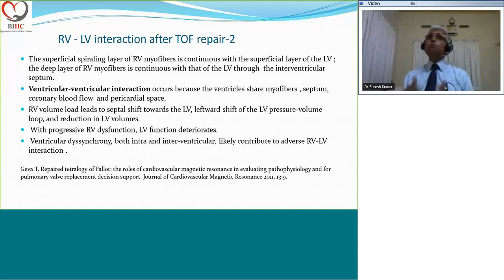The LV pressure volume loop also shifts to the left with reduction in the LV volumes. So the bottom line, with progressive RV dysfunction, LV function deteriorates. Ventricular dyssynchrony, both intraventricular and interventricular, would contribute to adverse RV-LV interaction.